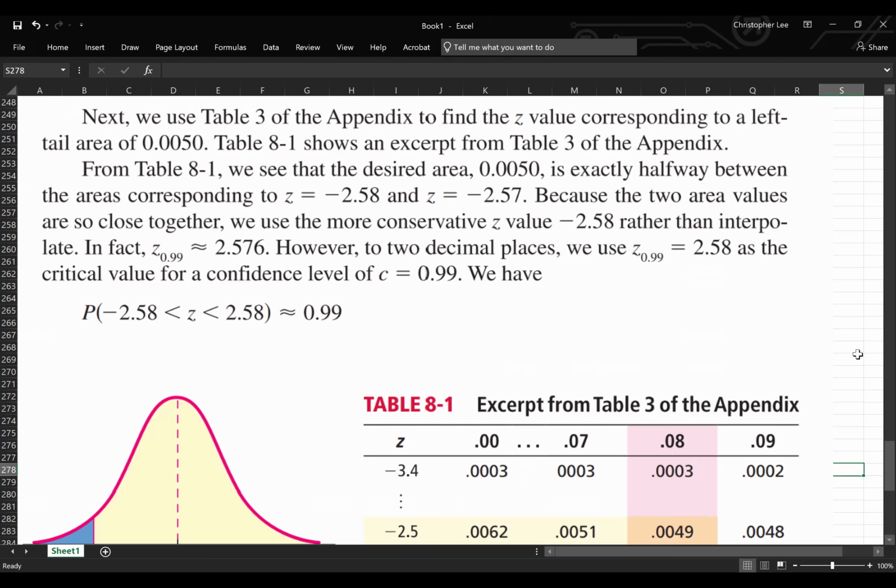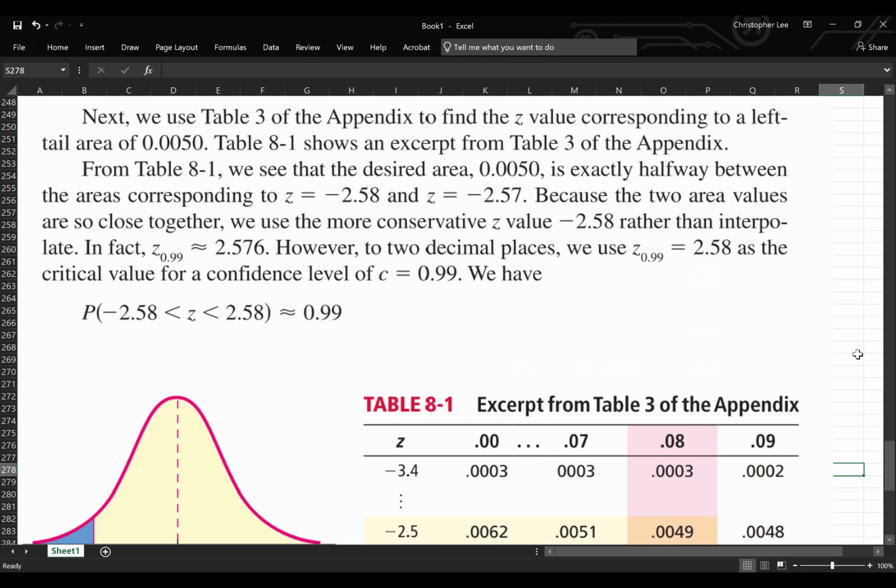So look, next we will use table 3 of the appendix to find the z value corresponding to the left tail area of 0.005. What they're saying here is we found the positive z critical, z 0.99. We could have found the negative z critical, which would have been 0.0050. Same thing. We would have just found a negative value and then you just make it positive for the positive side.